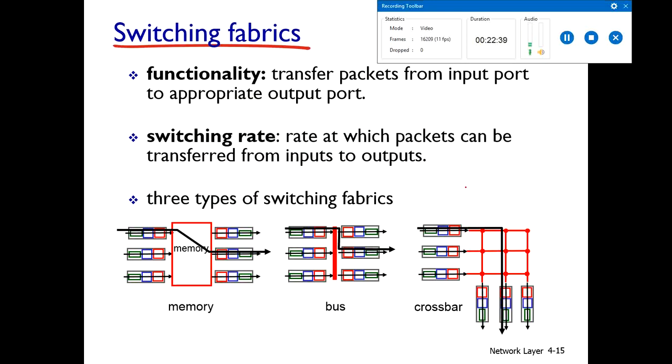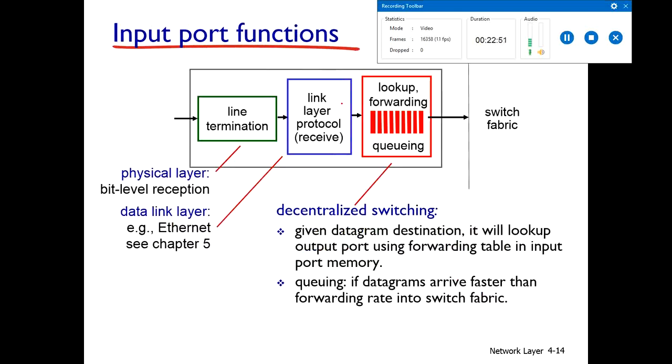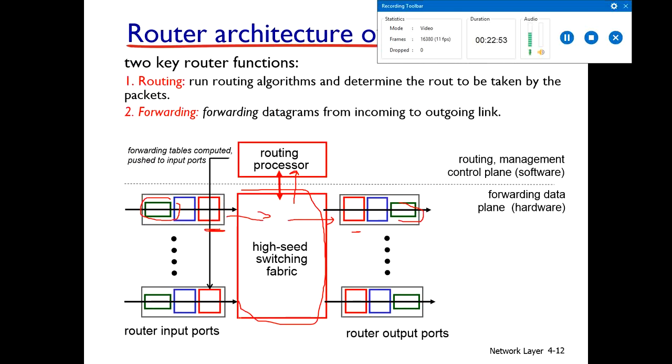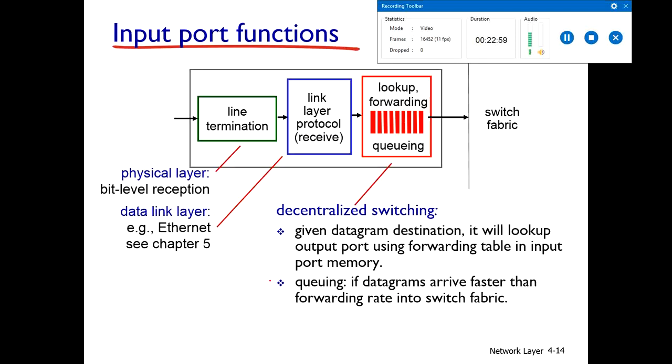Now let's talk about the switching fabric. What is a switching fabric? The switching fabric connects the router's input ports to the output ports. As you have seen in the diagram, this high-speed switching fabric connects the router's input port to the output port.